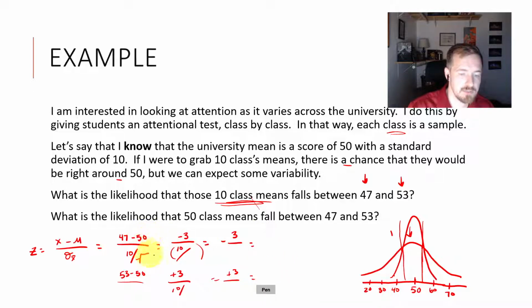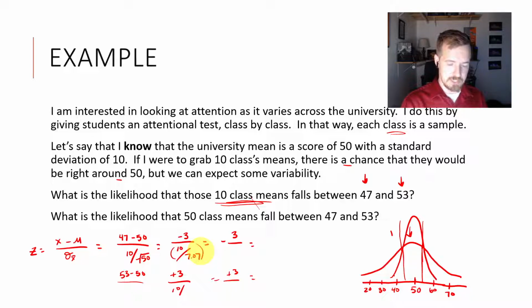And so now the square root of 50 should be 7 point something. That's going to be 7.07. And so that's going to give me 10 divided by 7.07, which gives me 1.4. And then, what is this?